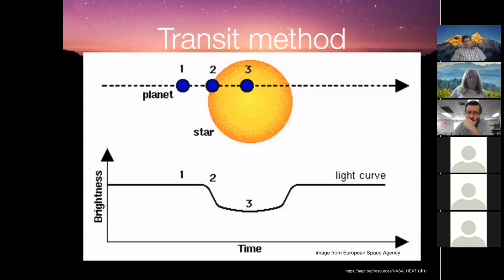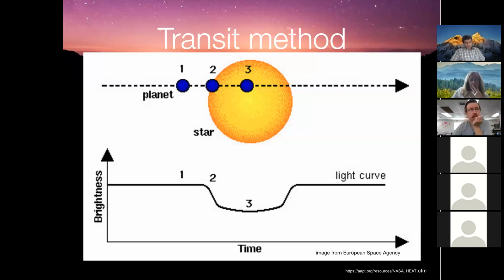The other reason we want to look around main sequence stars is because those are the stars that are in the best part of their life. That's when they're fusing hydrogen into helium. They are very, very steady. They don't tend to change size a whole bunch or vary too much in how much material they're spewing off into space. And so we're looking for those nice, steady main sequence stars.